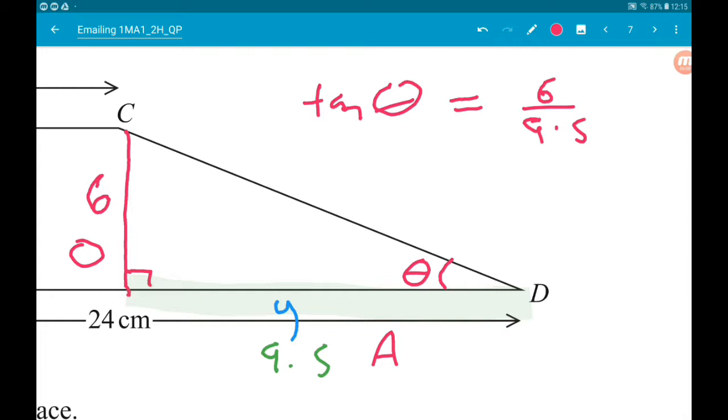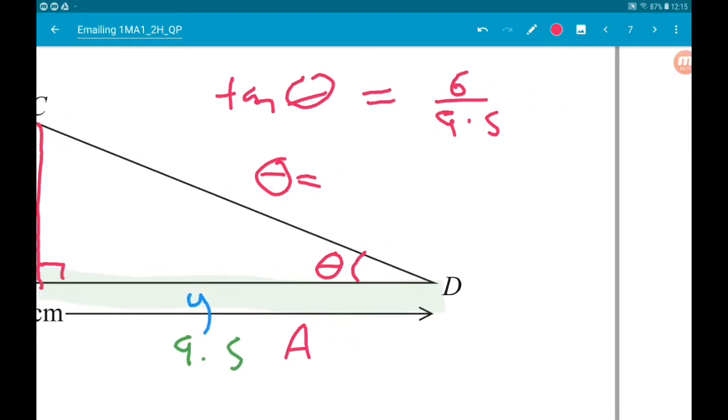So theta is the inverse tan of 6 over 9.5. So let's see what we get. So to one decimal place I get 32.3 degrees.